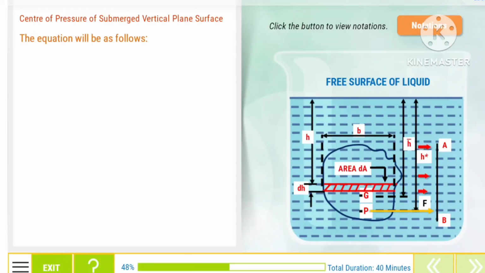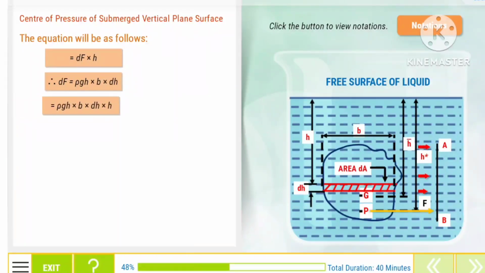The moment of force dF acting on a strip about the free surface of the liquid is equal to dF into h. Since dF is equal to rho into g into h into b into dh, this in turn is equal to rho g h b dh into h.